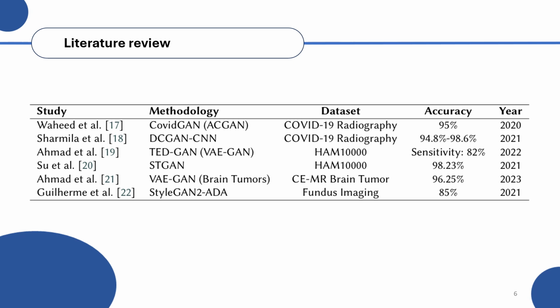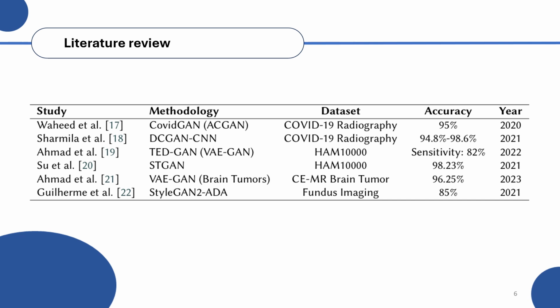For the HAM 10,000 dataset, in the article by Ahmed B., they combined VAEs, variational autoencoders, with two generative models to generate images. In the article by Kinshan, they proposed a model called STGAN to generate images of size 256 pixels.